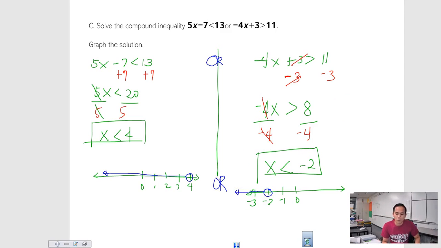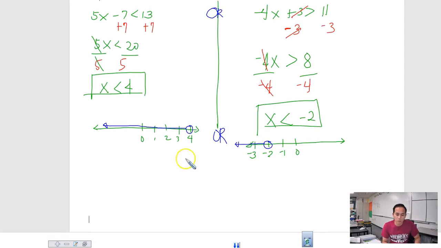All right, so if I'm going to combine these two graphs, it will become like this. So this is 0, that's 1, 2, 3, 4, negative 1, negative 2, negative 3.